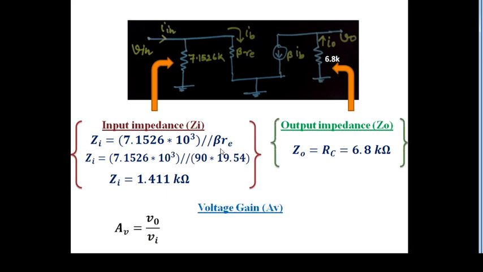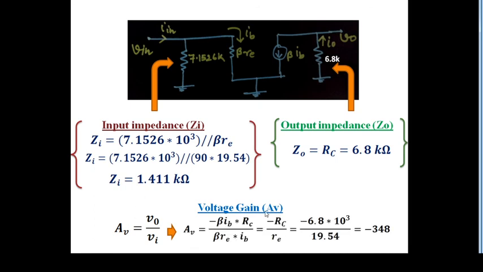Now for the voltage gain, V naught by Vi, we can find it using this formula, or you can simply go for network theory and find the value of AV: minus RC by RE, that is our minus 348 voltage gain.